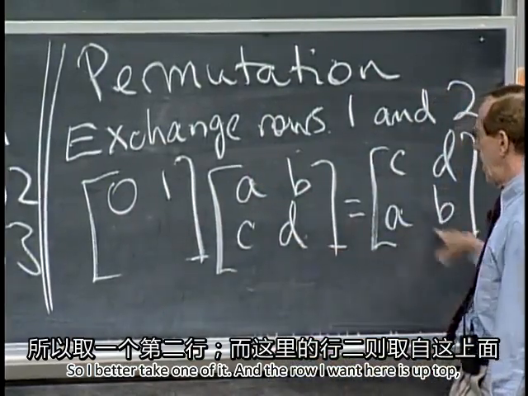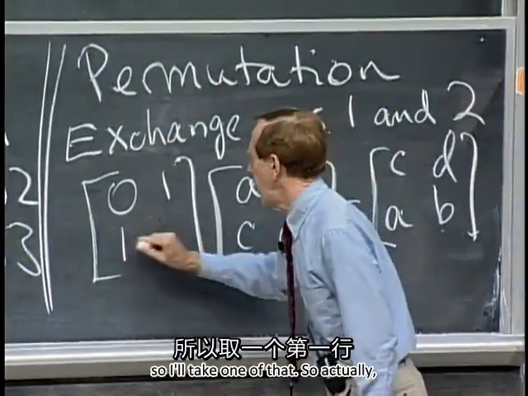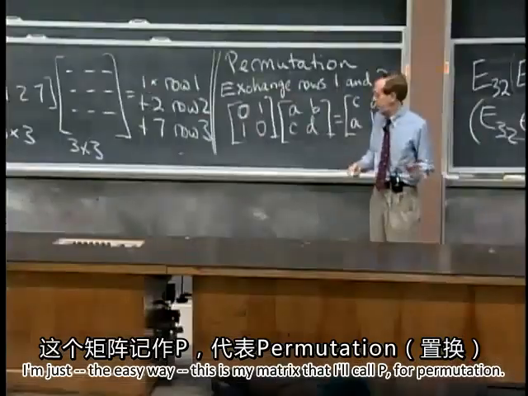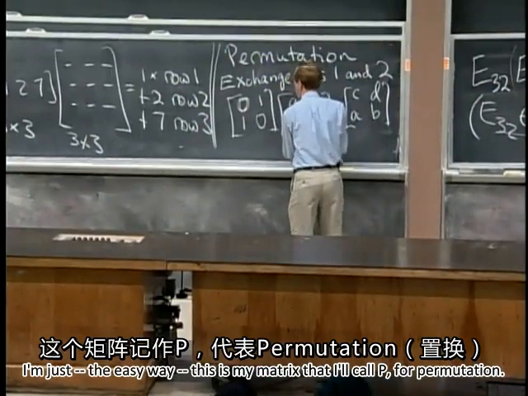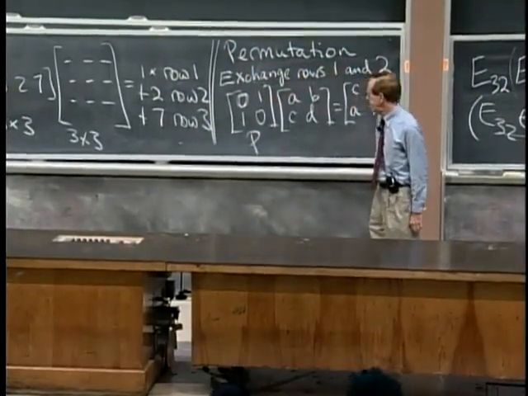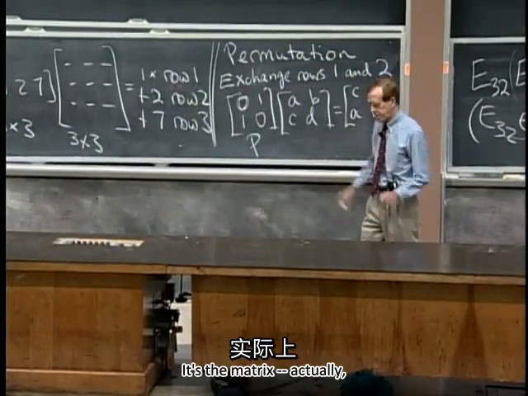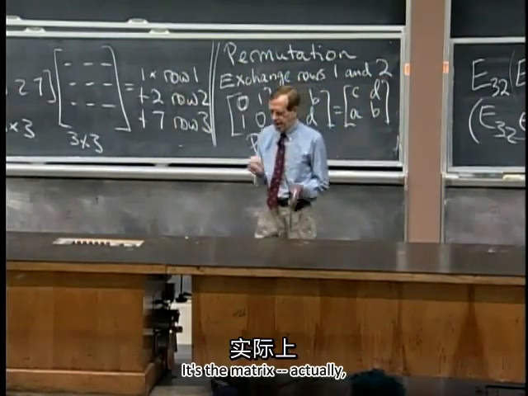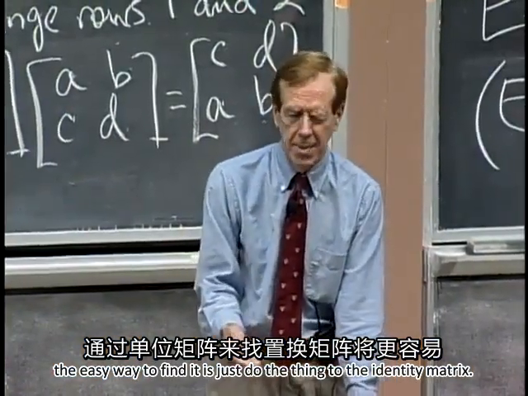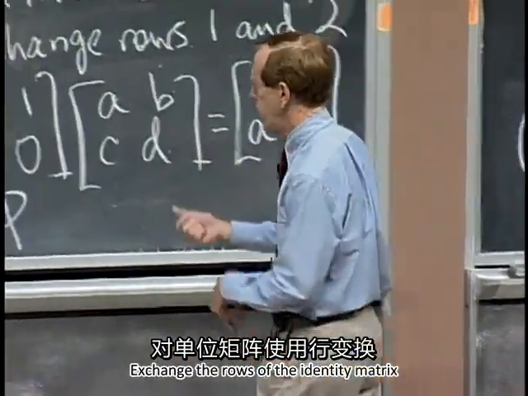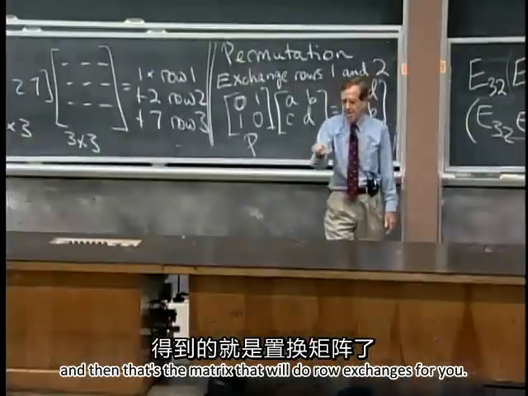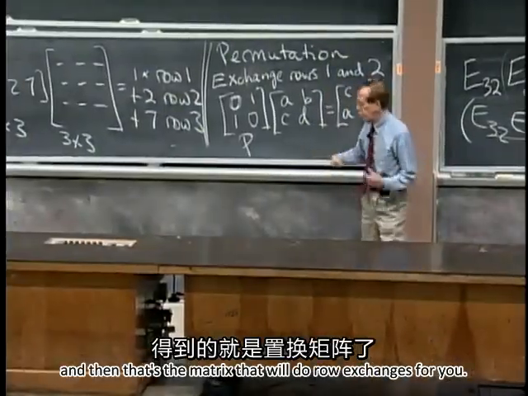And the row I want here is up top, so I'll take one of that. So actually, this is my matrix that I'll call P for permutation. Actually, the easy way to find it is just do the thing to the identity matrix, exchange the rows of the identity matrix, and then that's the matrix that'll do row exchanges for you.